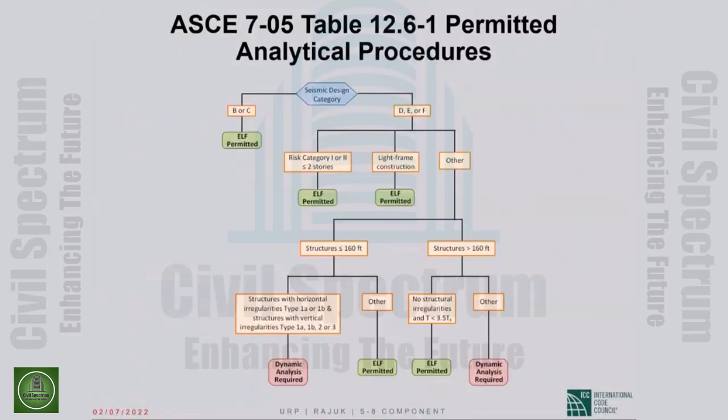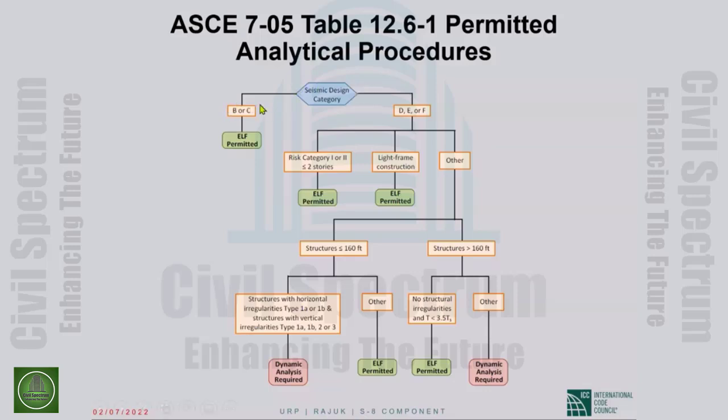Now, ASCE 7 has a pretty elaborate scheme for telling you when you can do static analysis and when you have to do dynamic analysis. Okay? So let us take a look at that.